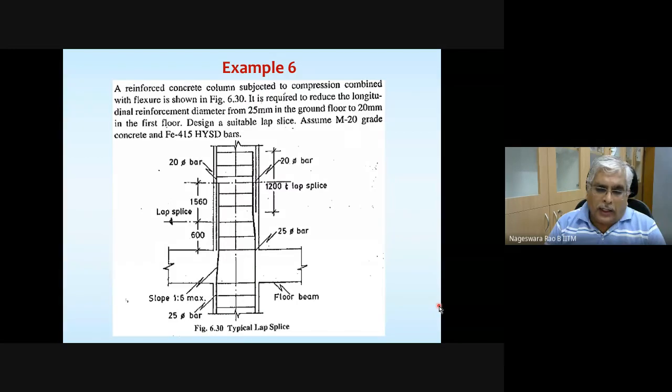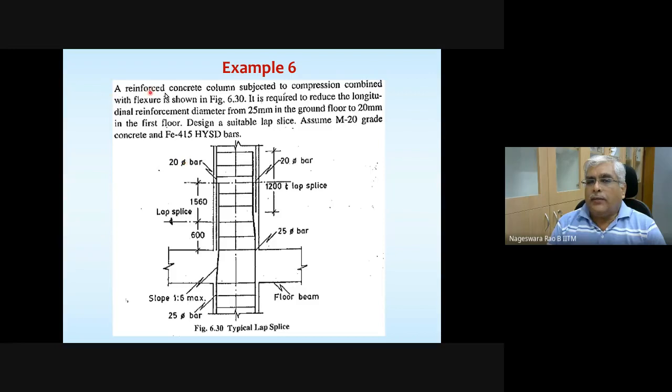So either the sizes of the columns can be reduced as you go to the top, or you can reduce the reinforcement. So one way to maintain the column size uniform throughout the height of the structure is to reduce the reinforcement as you go to the top. So that is what is illustrated here.